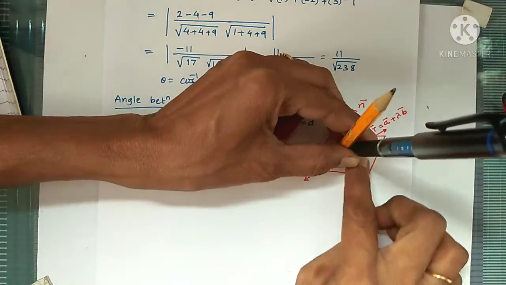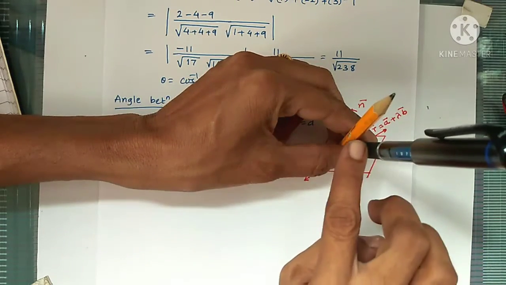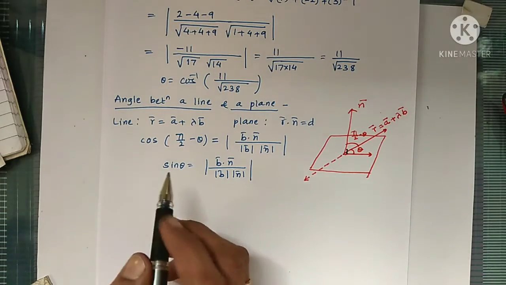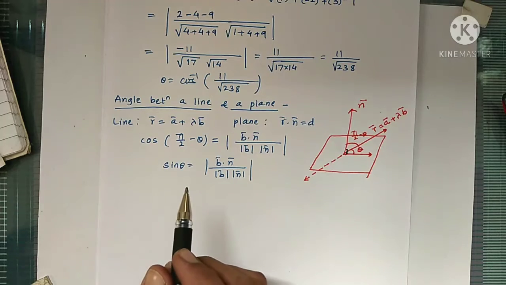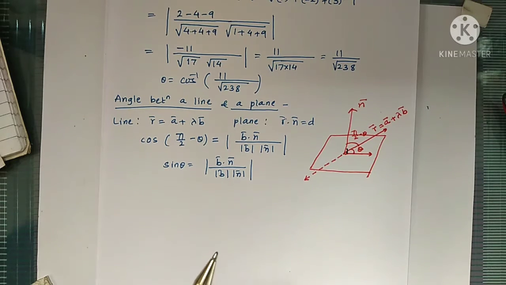Now this together is 90 degrees. So if this is theta, then this is pi by 2 minus theta. So cos of pi by 2 minus theta, as we know the formula for cos theta, is the dot product of those two vectors divided by the product of their moduli.